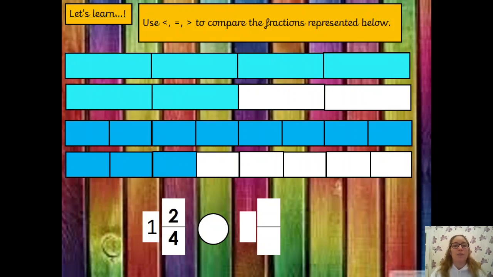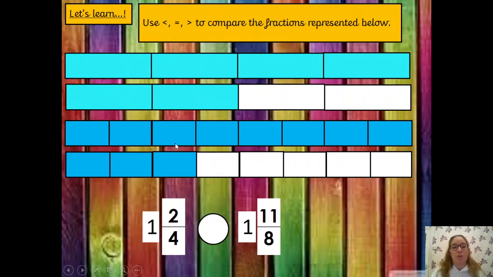So we have got 1 whole and 2 out of the 4 pieces shaded for the first fraction. Then we've got 1 whole and 11 out of the 8 pieces shaded. Have you noticed my mistake? Hopefully you have. That shouldn't be 11 over 8, that should be 3 over 8, because 11 over 8 is our improper fraction, but we've changed it to mixed numbers.